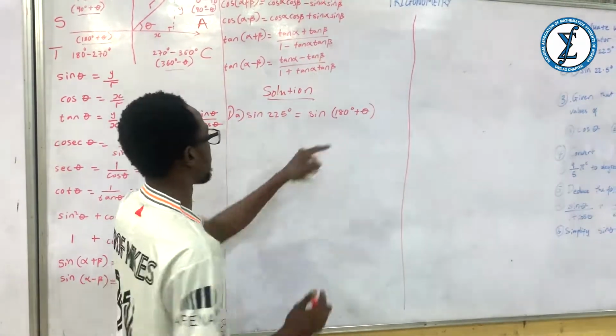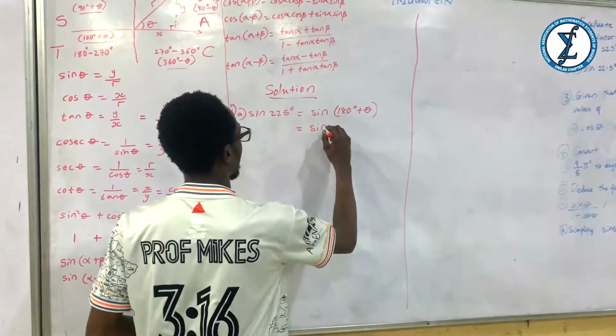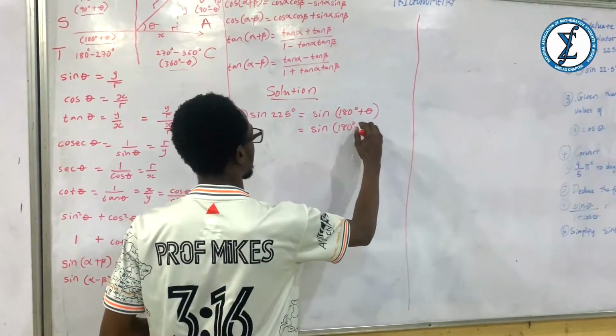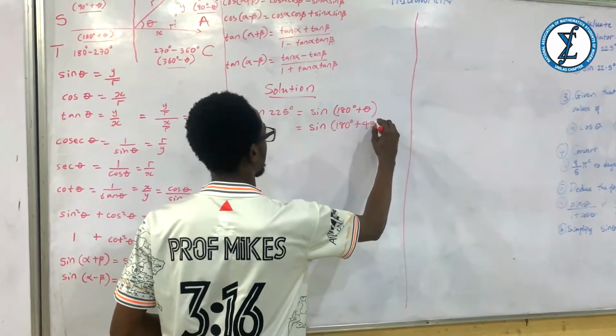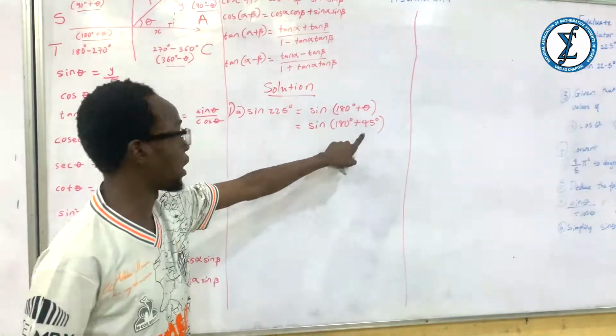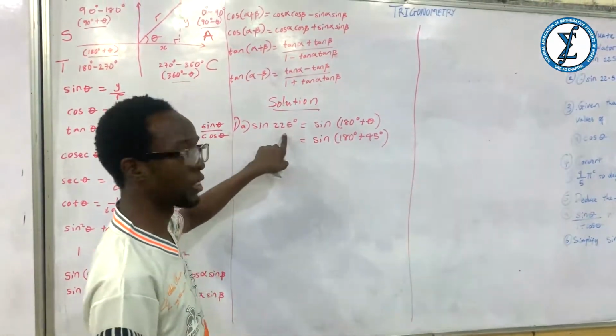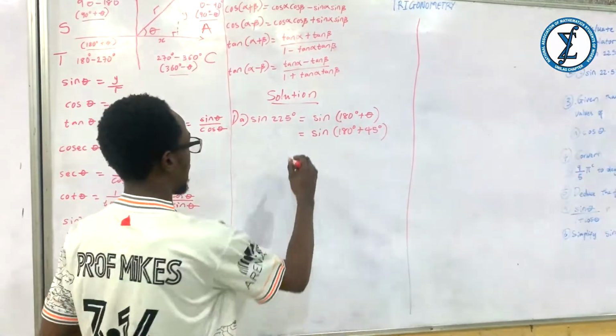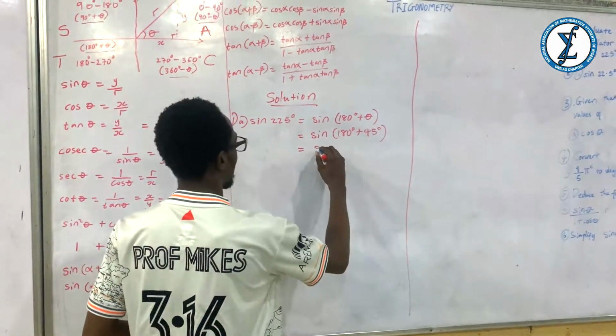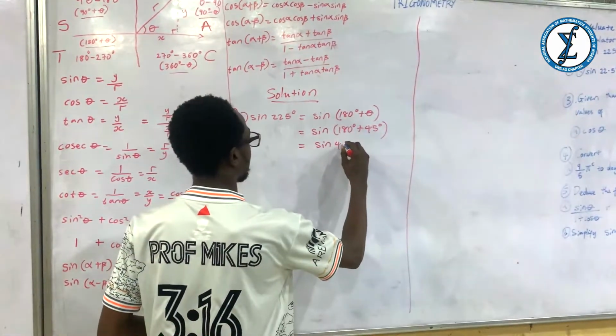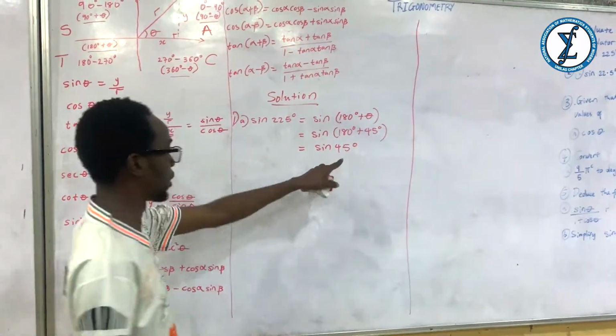And what's our theta? We have sine of 180 degrees plus 45 degrees. Theta is 45 degrees because that's what will give us sine of 225 degrees. And so we can simply evaluate this as sine 45 degrees, which is sine theta.